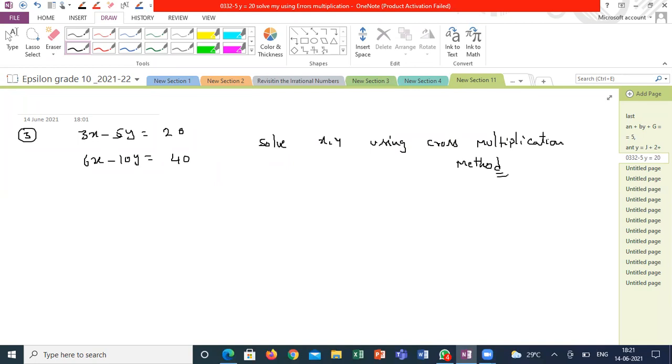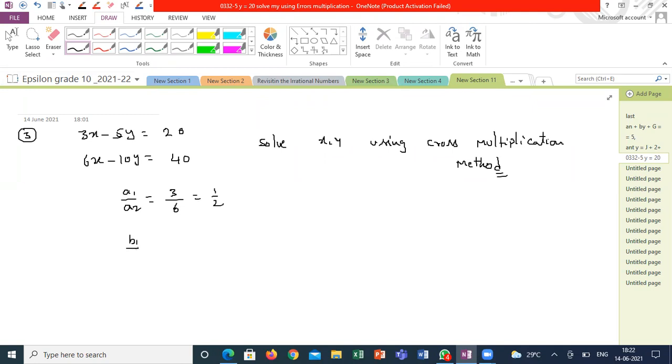Guys, can you try? By seeing the question, without calculation, can anyone give the answer? What is A1 by A2 here? Sir, it has infinitely many solutions. Infinitely many solutions, because what is A1 by A2 here? 3 by 6, that is 1 by 2.